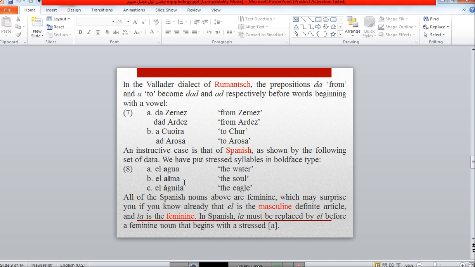All of the Spanish nouns, some of these particles and prepositions or maybe articles belong to masculine. El is a masculine definite article, and la is the feminine. But when the next word begins with a vowel, and it is, for example, feminine, we cannot use la because we have a kind of hiatus here, so we use the masculine definite article, so we call it el alma.